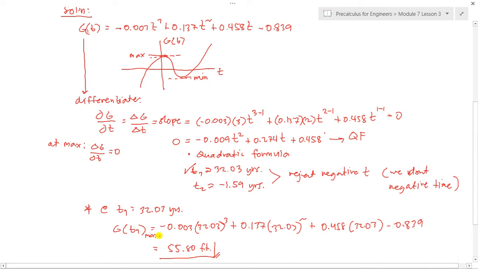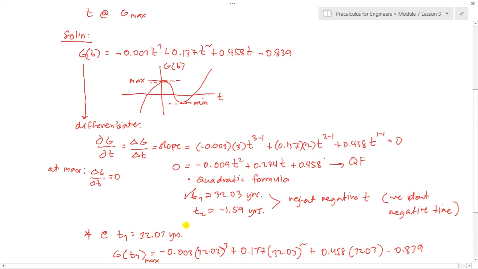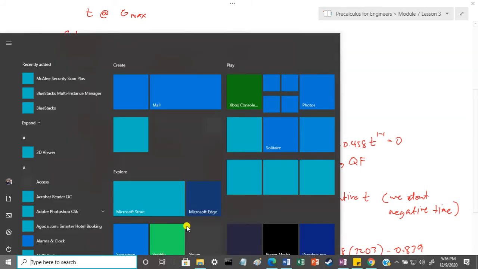Okay, muna siya to ang maximum value for our growth rate, and we can also prove this by plotting this cubic function.